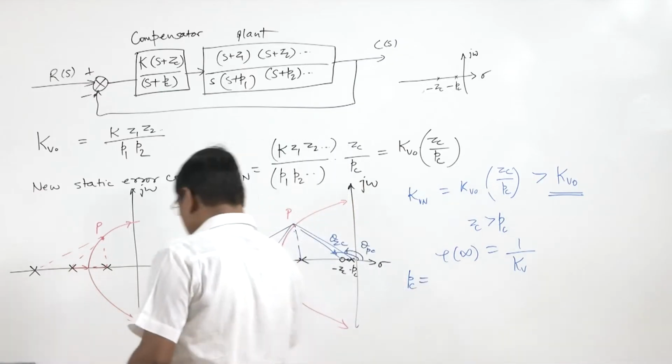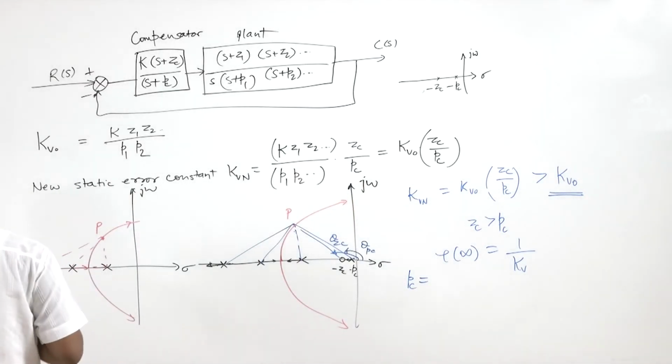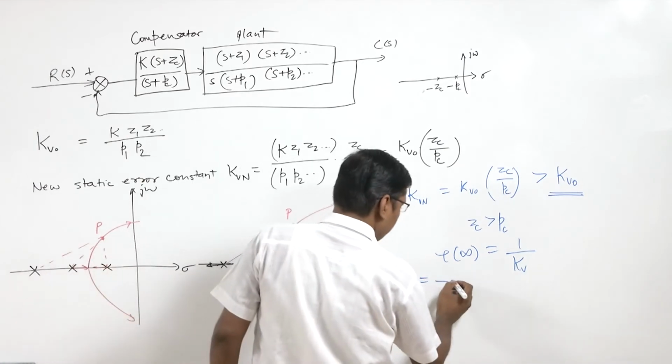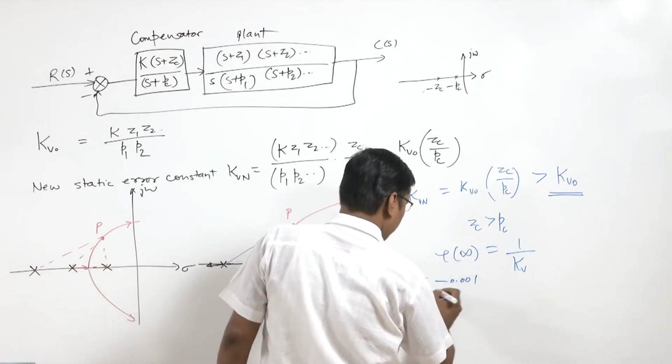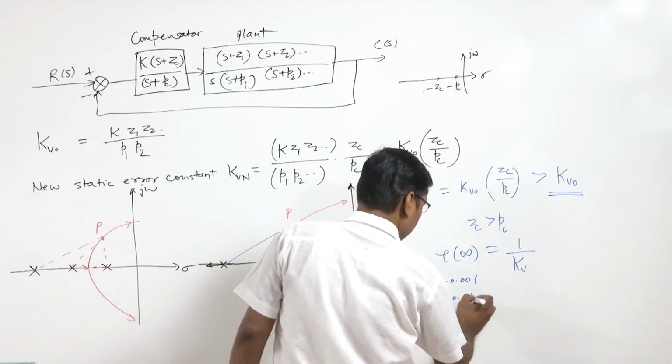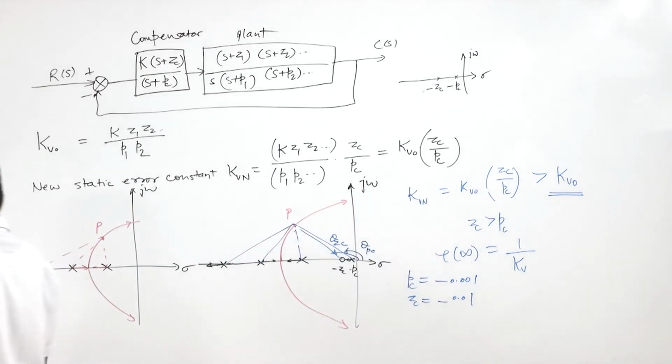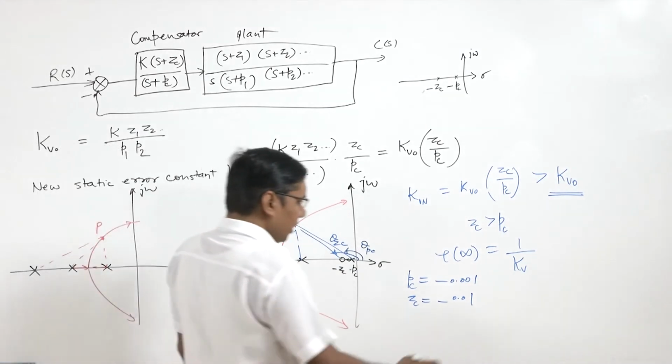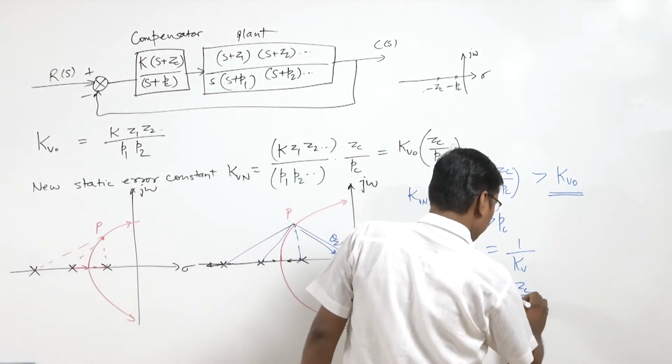So for example, if we put PC equal to minus 0.01 and ZC equal to minus 0.1. So ZC by PC equal to 10.